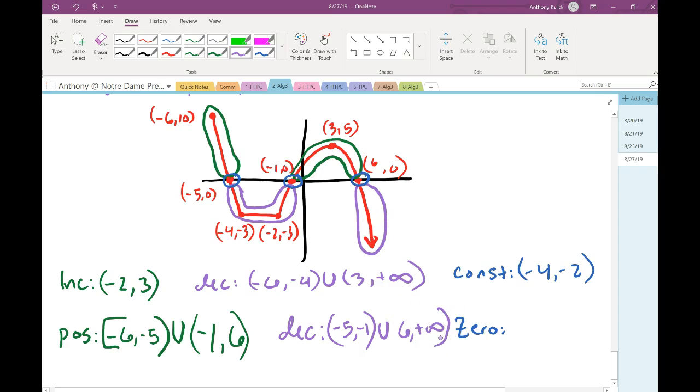The infinities always get a parenthesis. And then 6, 0 is on the x-axis, so it doesn't count as a decreasing point. And then we notice we have just 3 zeros, so I can describe my zeros using a finite set. And just list the 3 zeros in question.